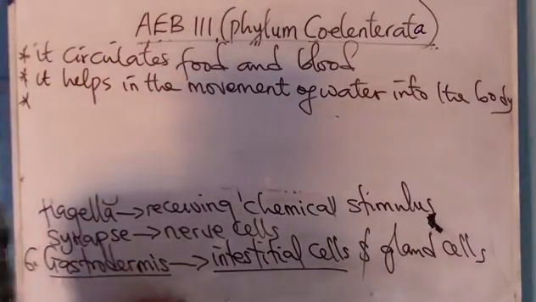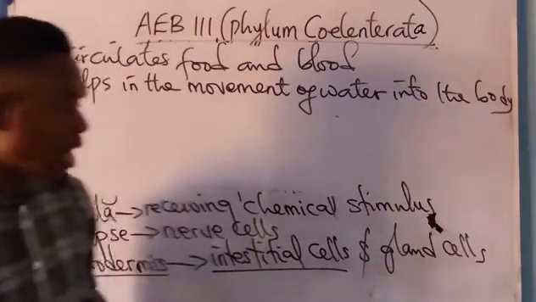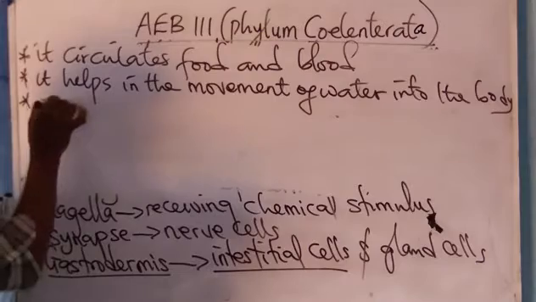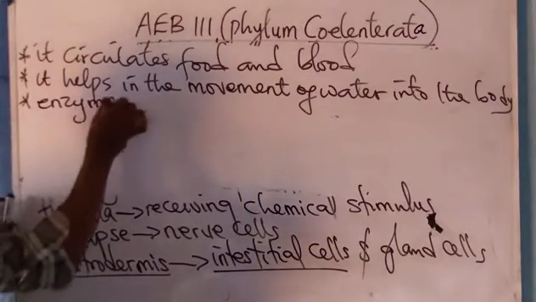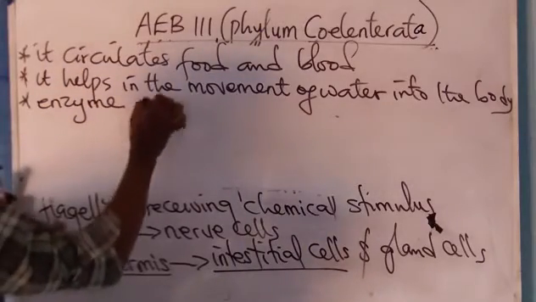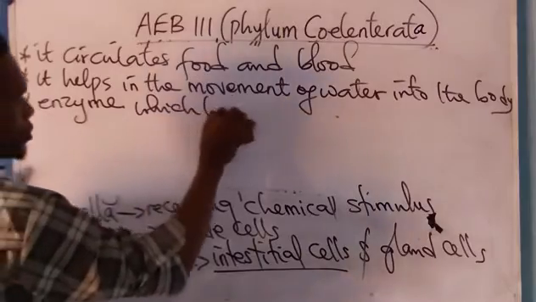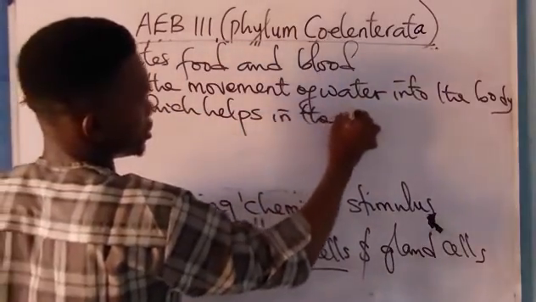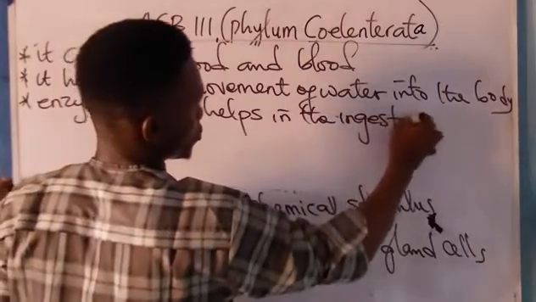The gastrodermis. And the gland cells are also responsible for the production of what? Enzyme, which helps in the ingestion of food.